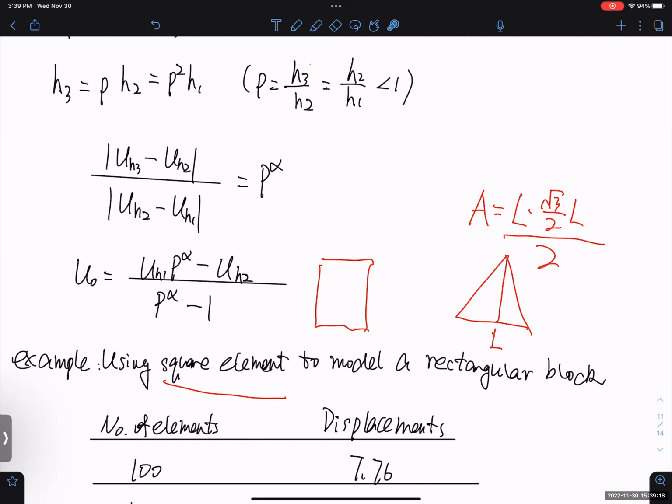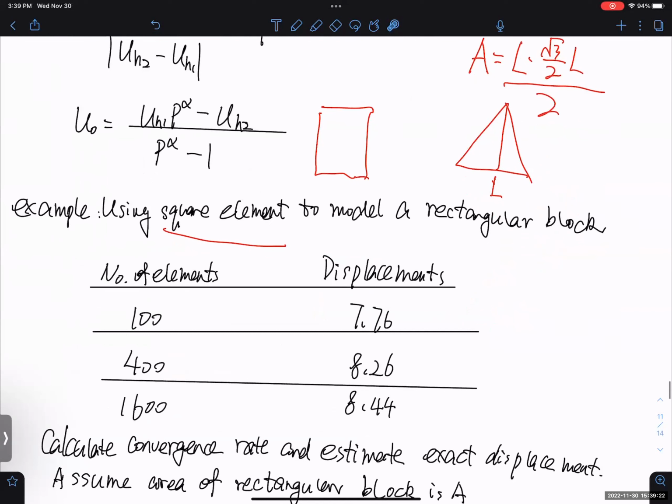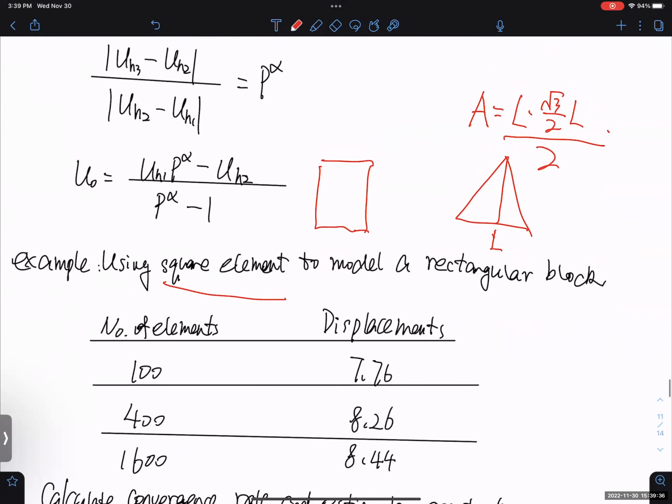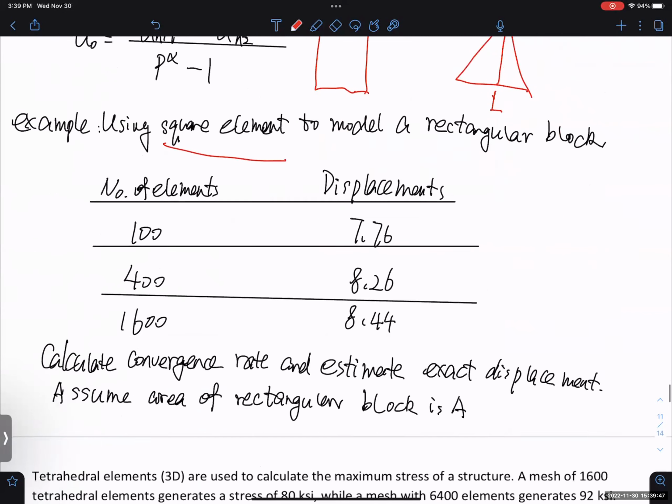It doesn't matter because in the end we want the ratio. So if I change this problem to triangle elements, you should get the same answer. Area is some coefficient times L squared, and the coefficient cancels out in the ratio calculation. The same thing applies here.